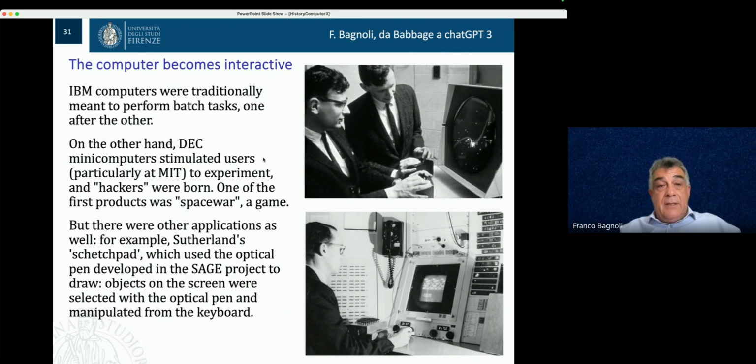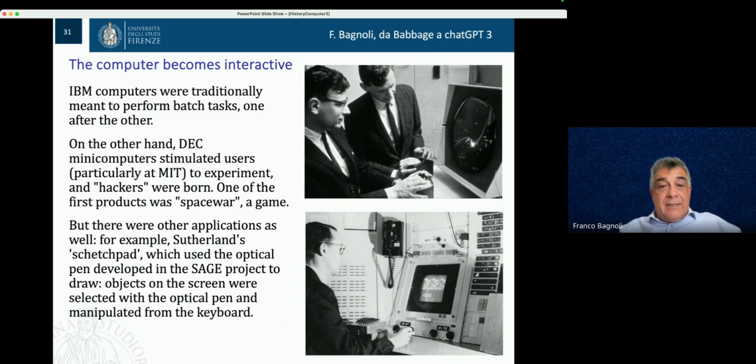And the other, so I'm trying to cover all the inventions of these times, especially when you had the minicomputers at hand, they started to develop interactive interfaces, and clearly one of the first things to do with an interactive computer is games.